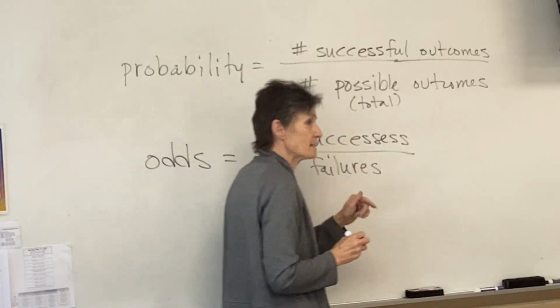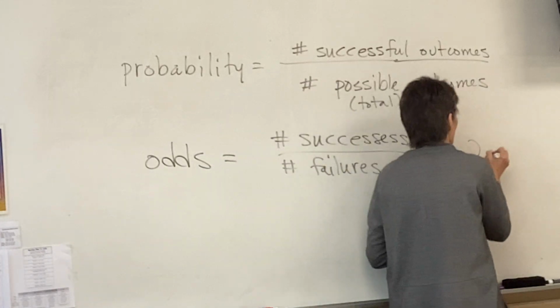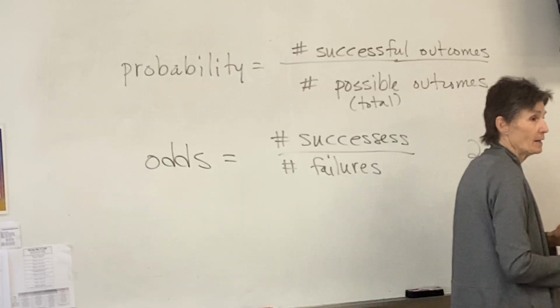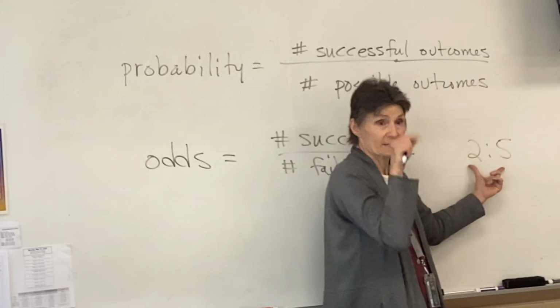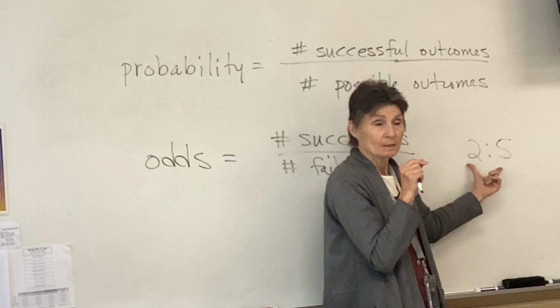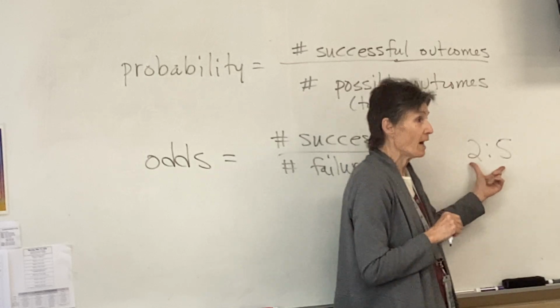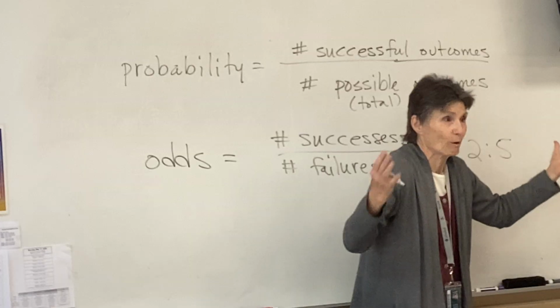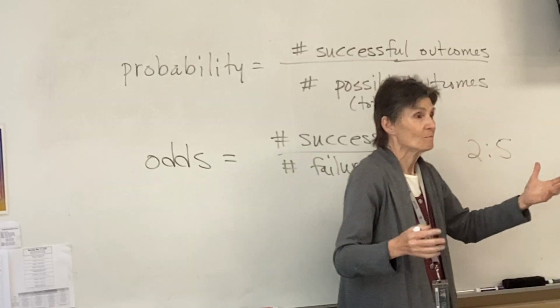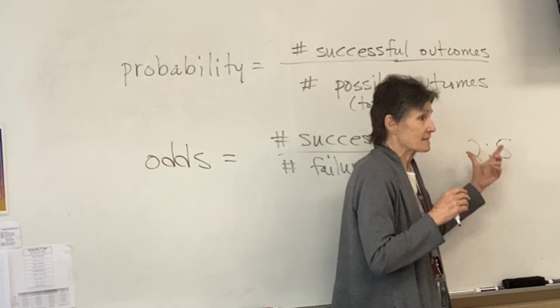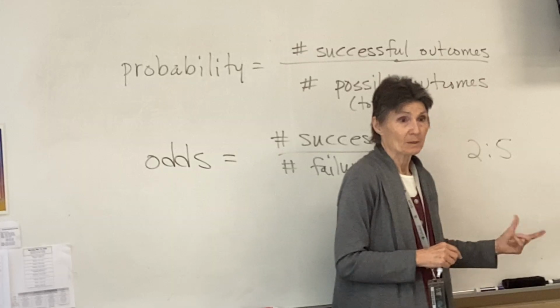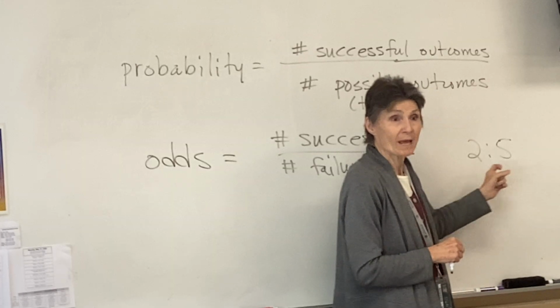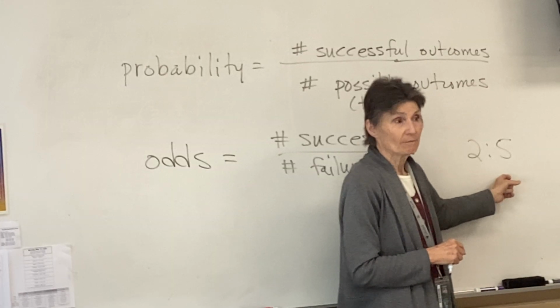So when we say the odds are 2 to 5, and odds are often written sideways with a colon, that means if we played the game or ran the race, if we did it 7 times, we would win 2 and lose 5.